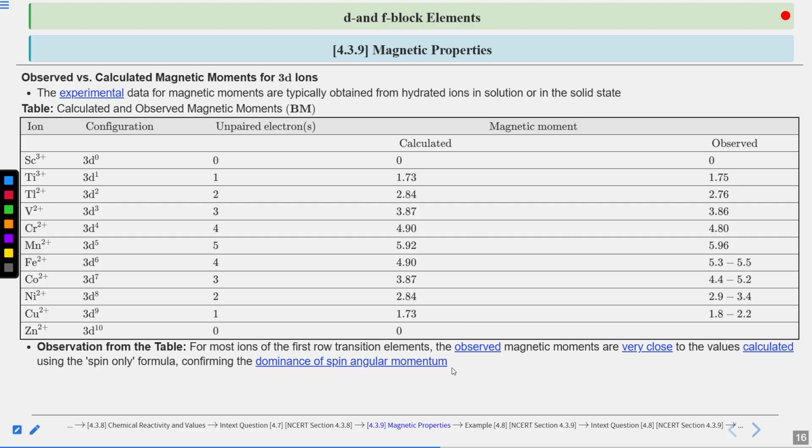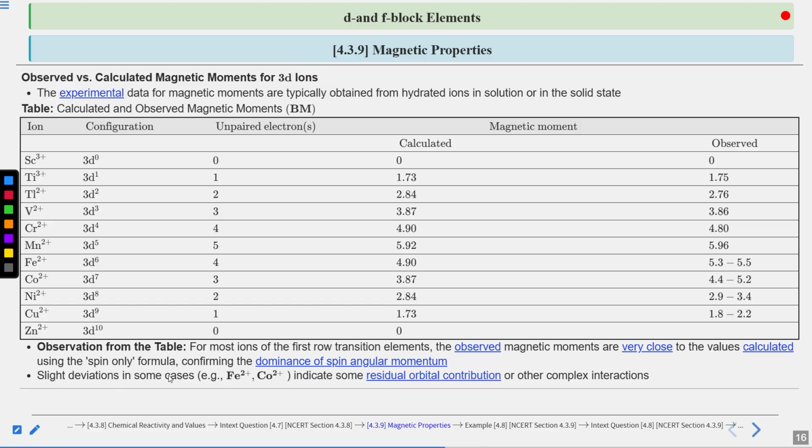That means there is a dominance of spin angular momentum, because the formula can calculate at least a very close value to the observed value of the magnetic moment.